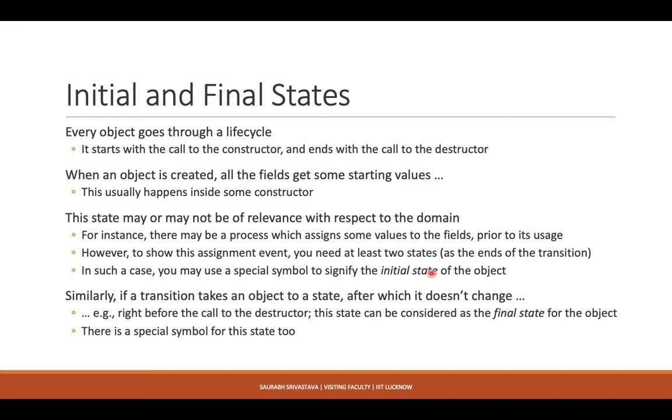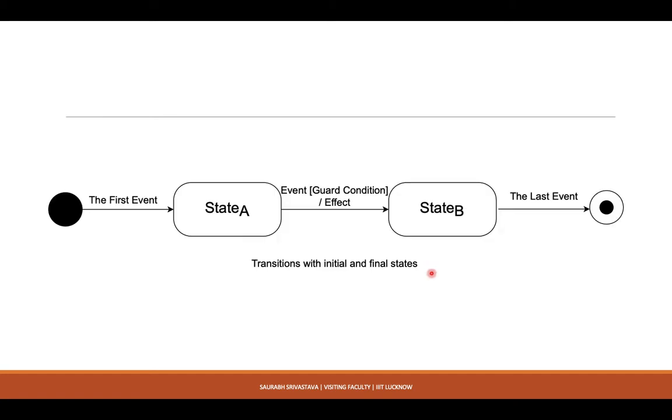If you also want to depict that within your state diagram, just to give everyone an end to end perspective, that this is where the object was created and this is where the object dies, you can also create a final state. So there is a specific symbol for displaying the final state of an object, and that is what these two symbols look like. This is the initial state symbol and this is the final state.